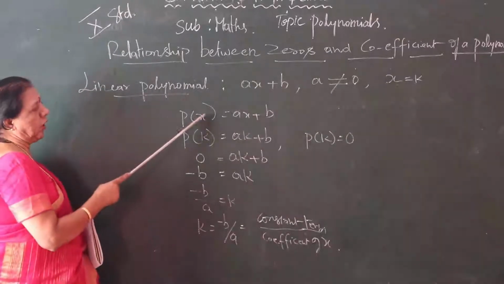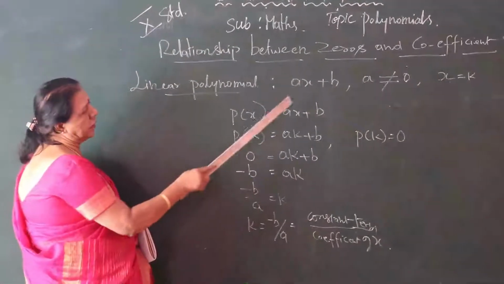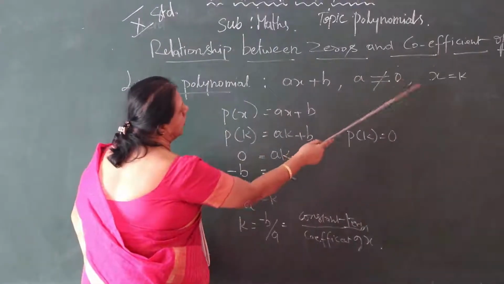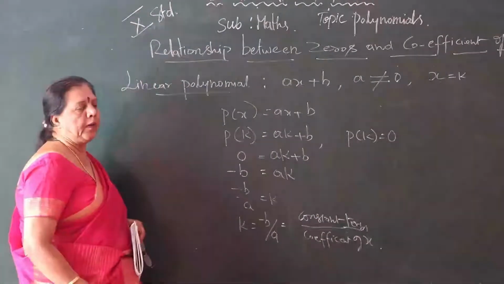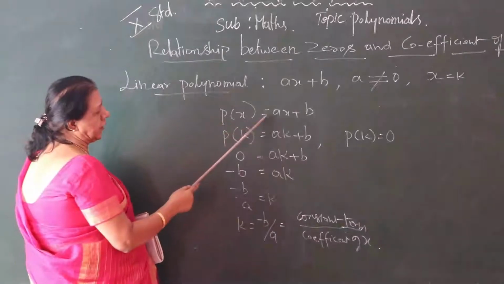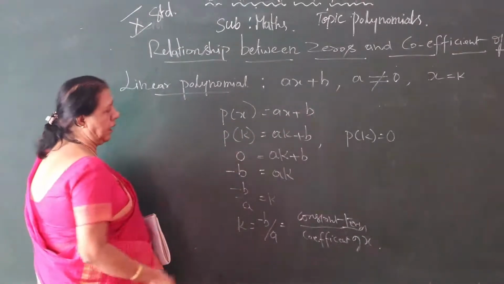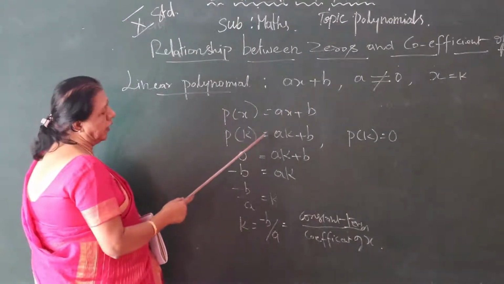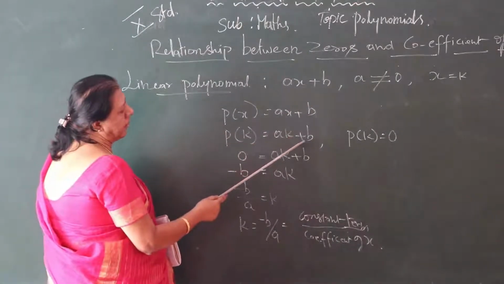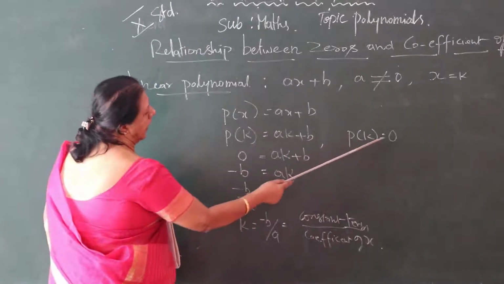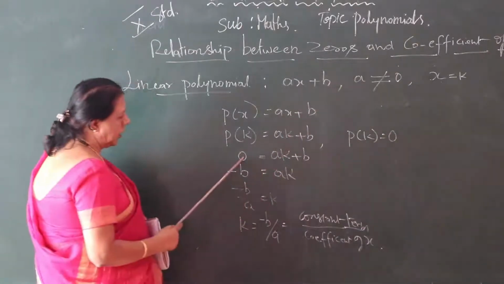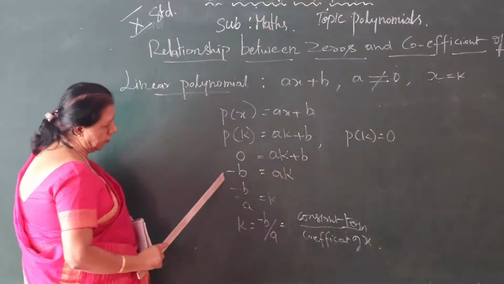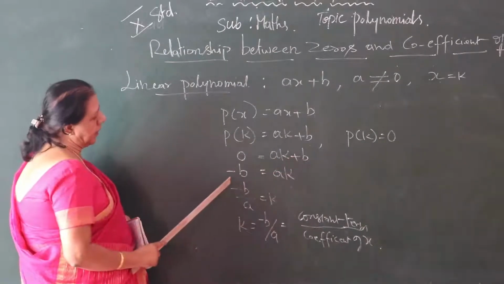So linear polynomial. The interpretation is ax plus b, a is not equal to 0. X is equal to k. Therefore p of x is equal to ax plus b. Here p of k, I told you x is equal to k, is equal to ak plus b. So p of k, assume it as 0. Here is a 0. ak plus b, shifted to the left hand side, plus becomes minus.